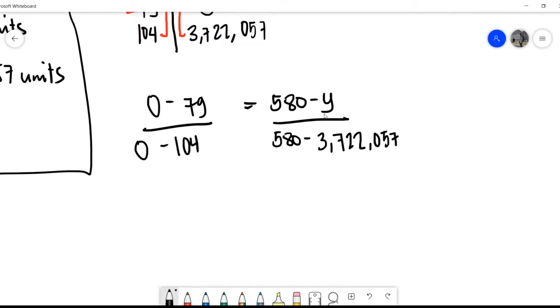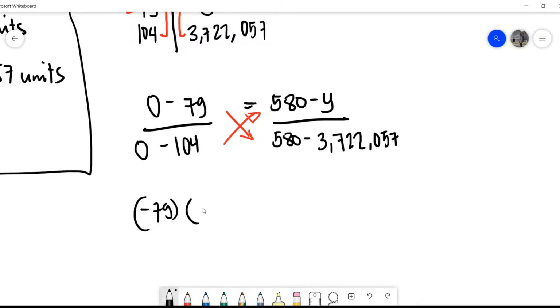So now we have created an equation. Since we are finding y, let's find y. We can cross multiply both sides. So 0 minus 79, that is negative 79, multiplied by 580 minus 3,722,57.